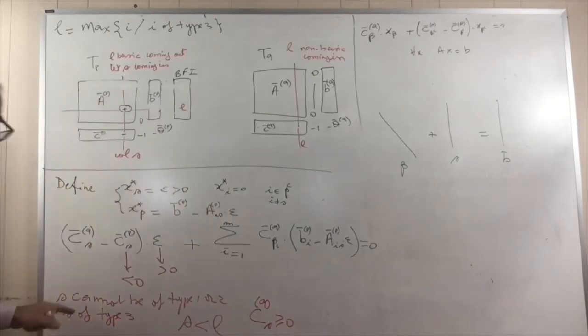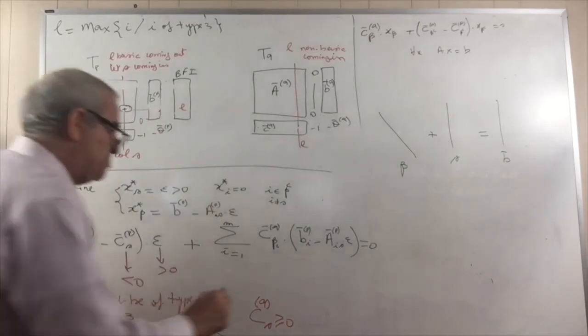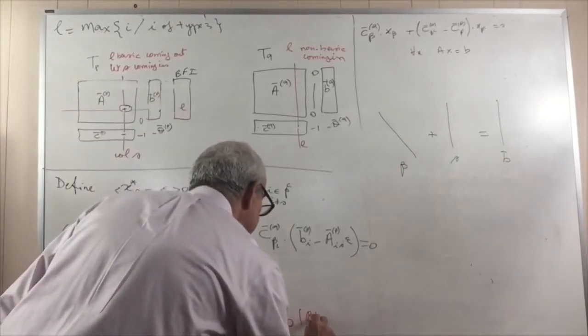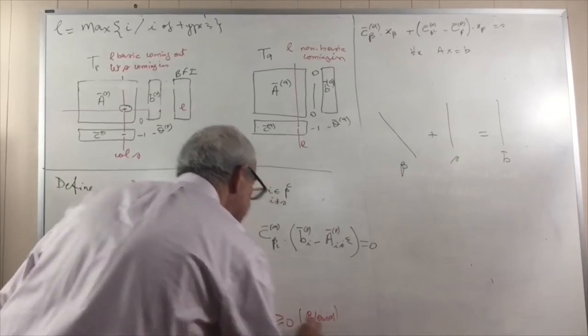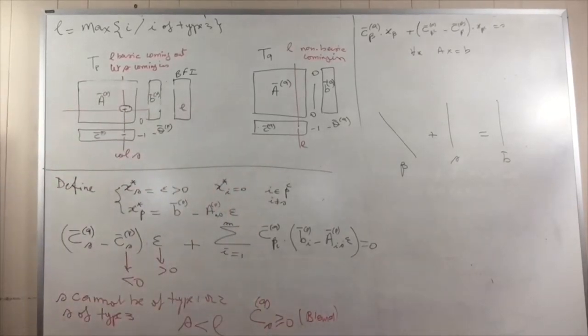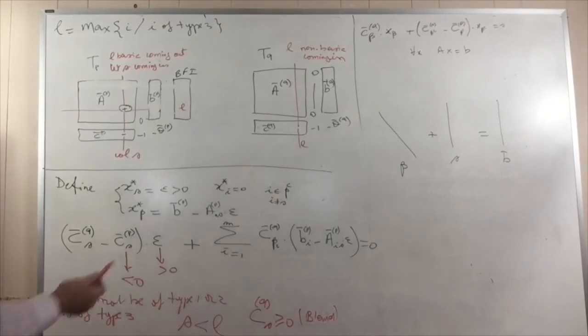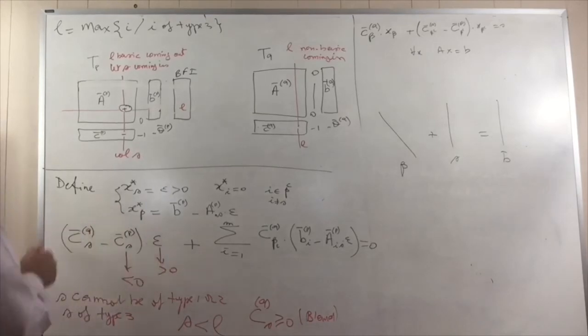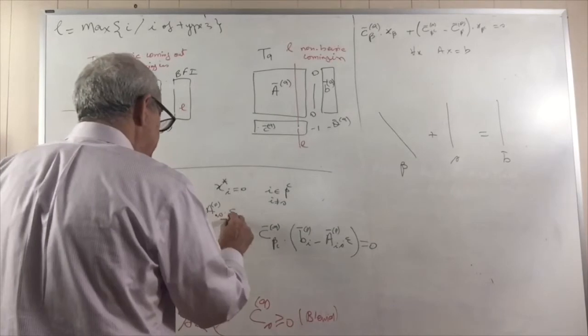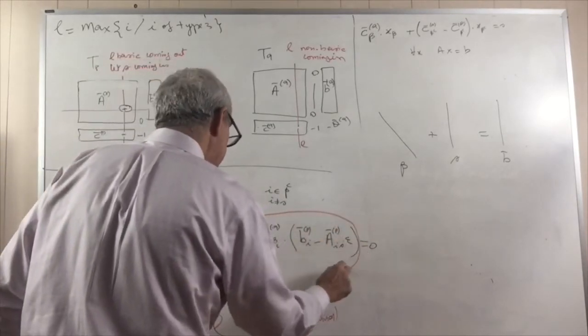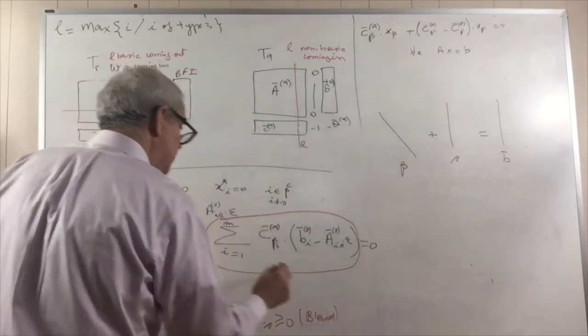It has to be, by Bland's rule. So this term is greater or equal to 0, this term is negative, and this term is positive. So this whole term here is strictly positive, and therefore this term here is negative.